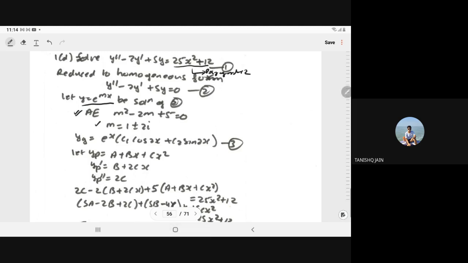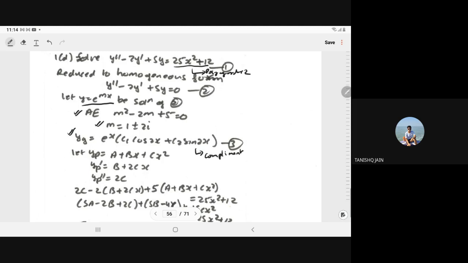That will give complex roots in conjugate pair, m is equal to 1 plus minus 2i. So the general solution for the homogeneous equation will be y is equal to e to the power ax (c1 cos bx plus c2 sin bx). So yg here will be e to the power x (c1 cos 2x plus c2 sin 2x). This is the general solution as well as the complementary function.